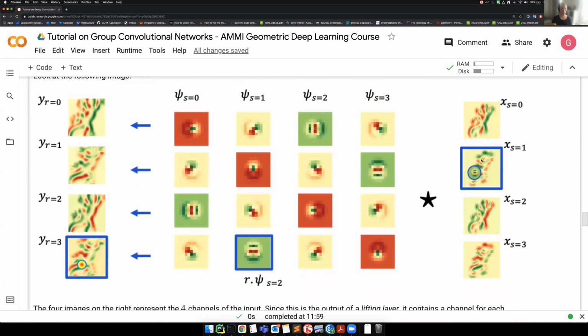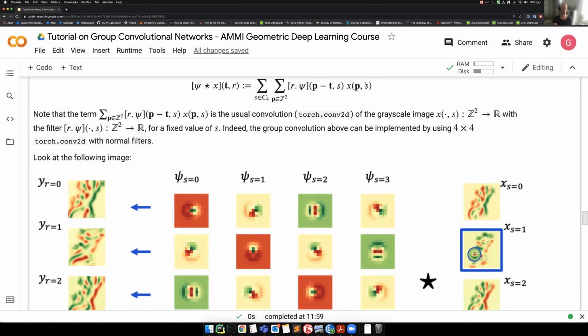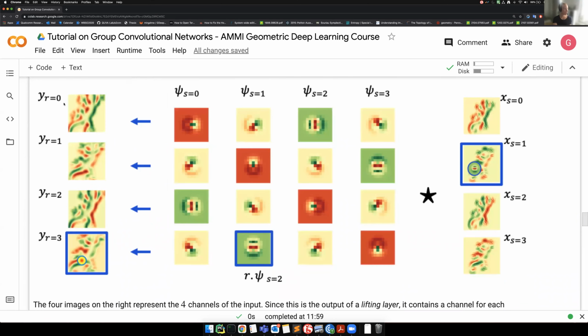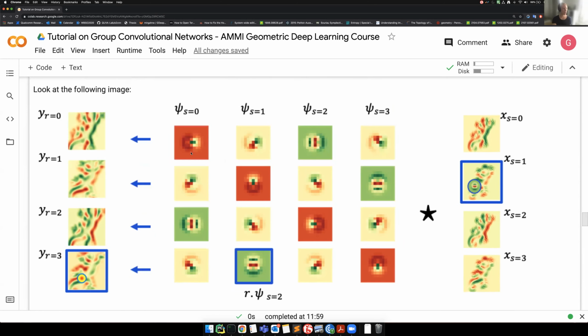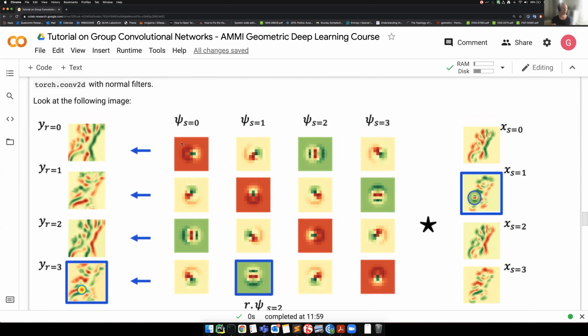We can see this maybe in an image. If these are your 4 inputs, now your input is not anymore an image, but 4 images, one for each rotation s. Your output is also going to be a function over all pixels, but you have 4 channels, like 4 images, one per each rotation r. Now your filter is not only a single image like this one, but 4 images, one for each s.